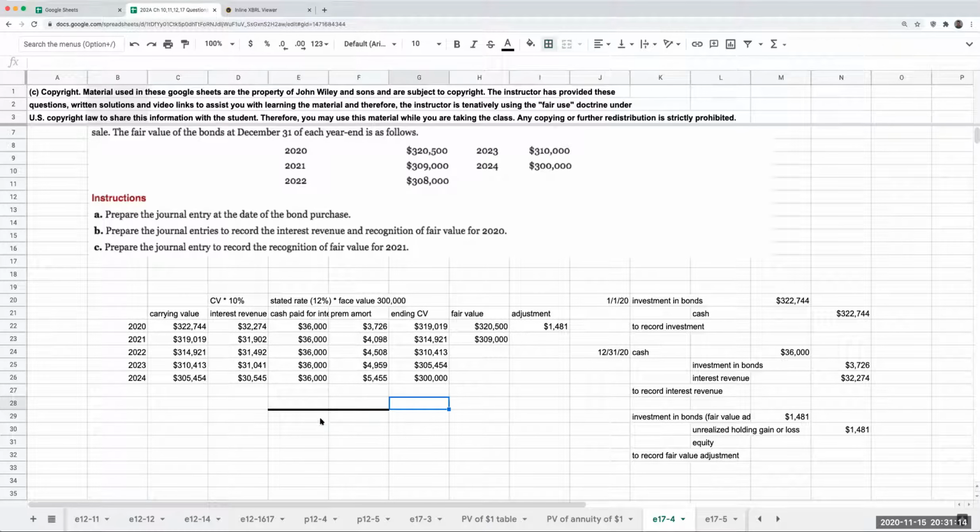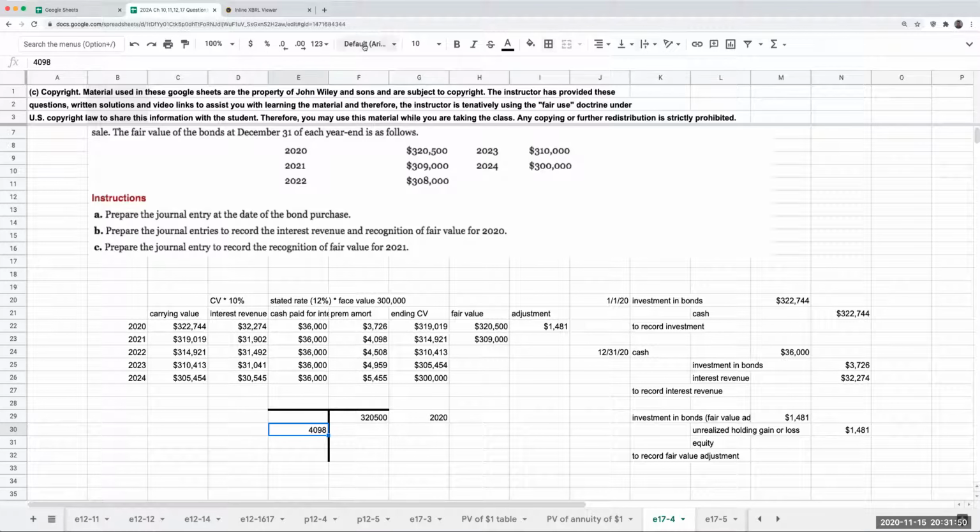Let's do some T accounts, because this is going to be the best way for us to understand this. So in my bonds, my ending fair value is 320,500. Okay, this is ending as of 2020. This is after I made the adjustment of 1,481. Well, I amortized it this year by basically 44,098.